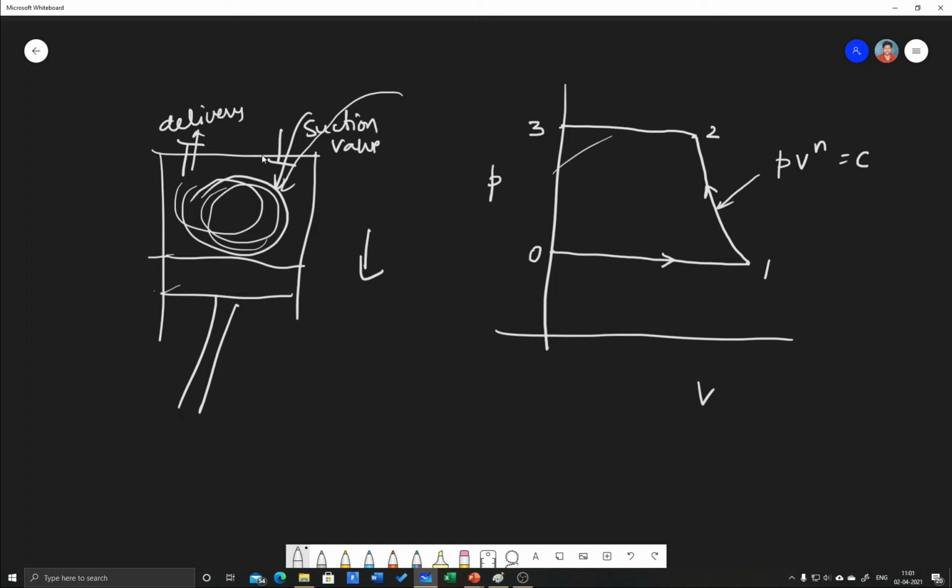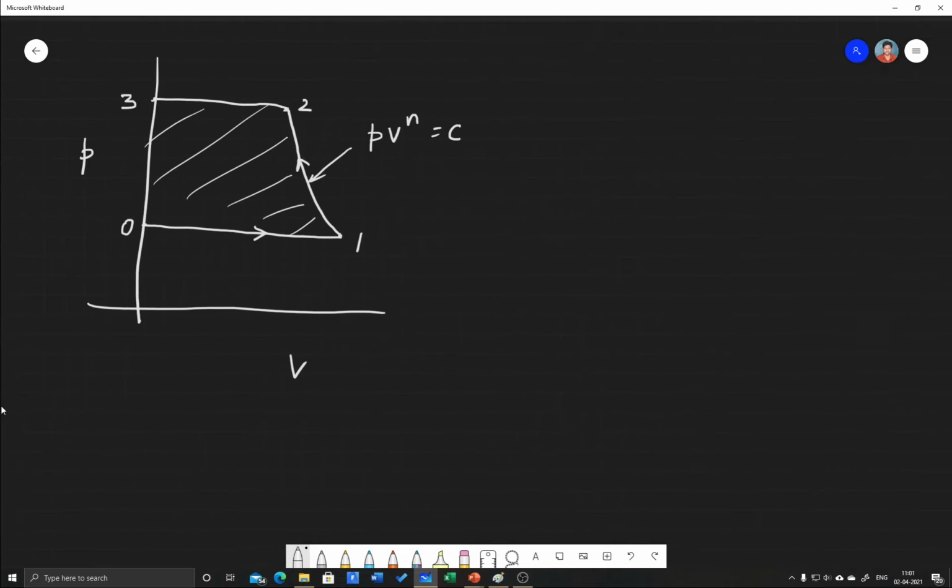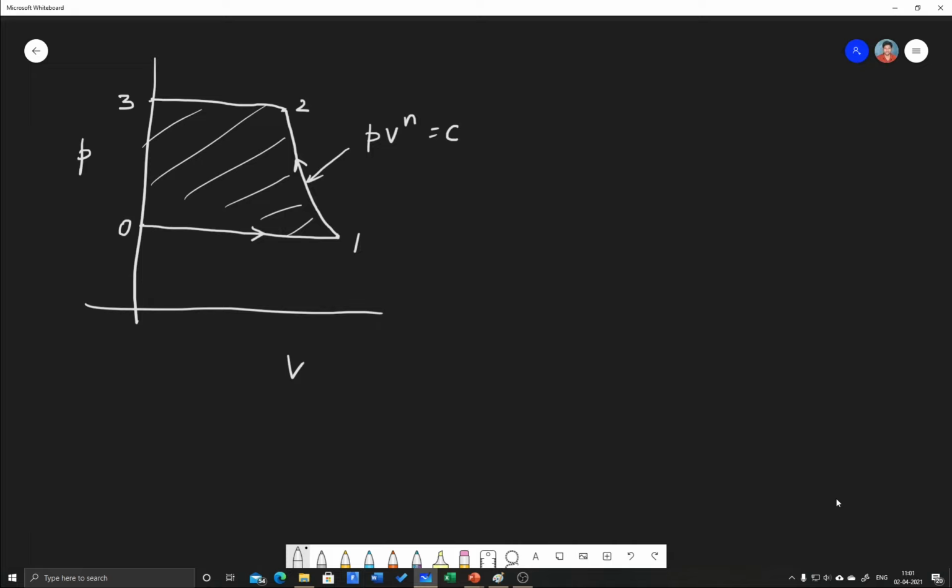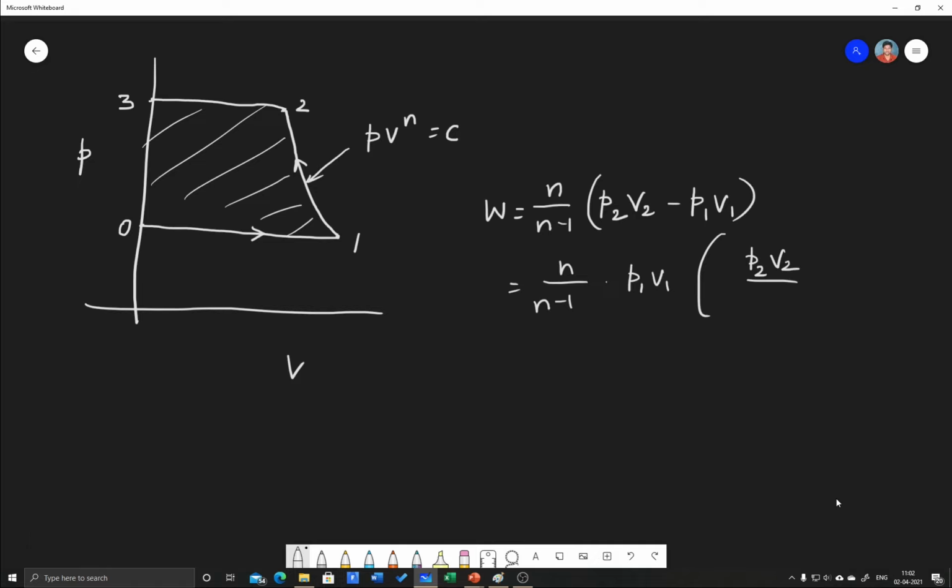If you calculate the area of the diagram, it will give you the work done, or work input to the compressor. The formula for work done is W equal to n by n minus 1 into P2 V2 minus P1 V1. If you take P1 V1 common, it will become n by n minus 1 into P1 V1 into P2 V2 by P1 V1 minus 1.